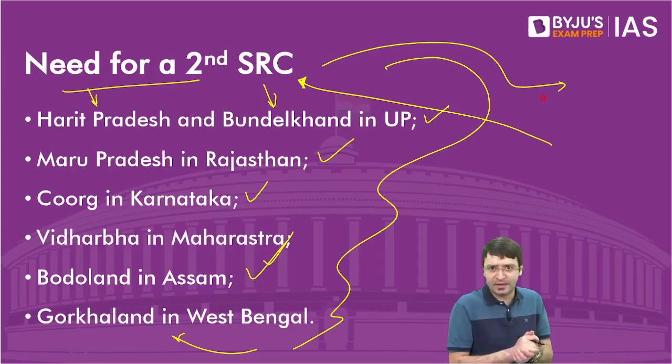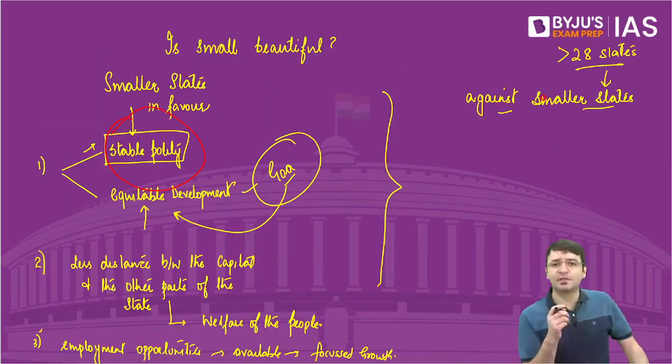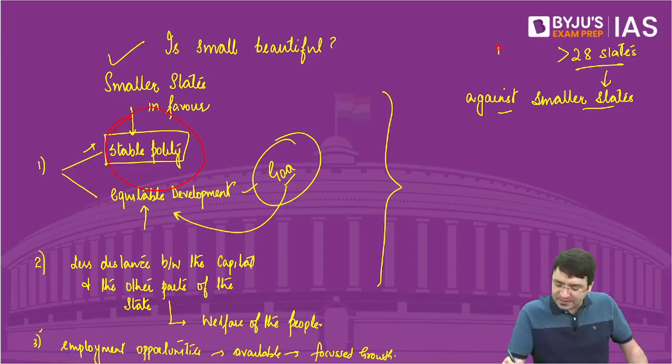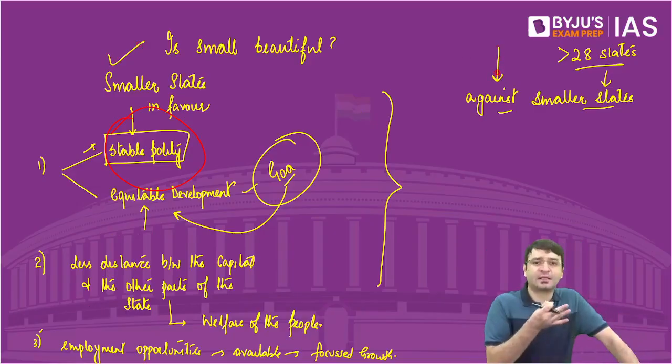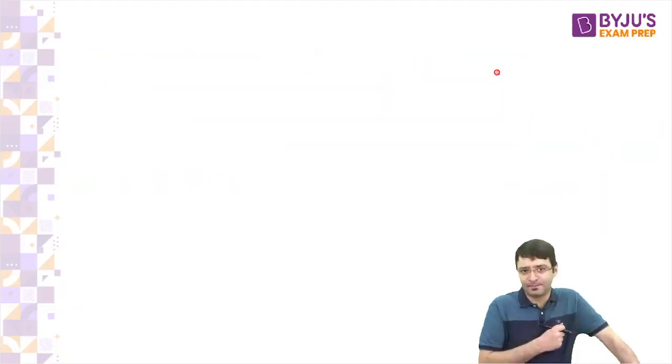There are clear examples of some advantages of a smaller state, but there are some disadvantages as well. But for that, we need a Second States Reorganization Commission.